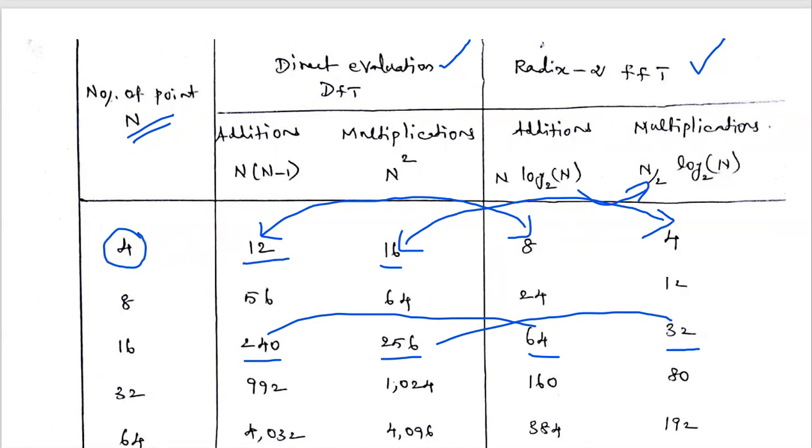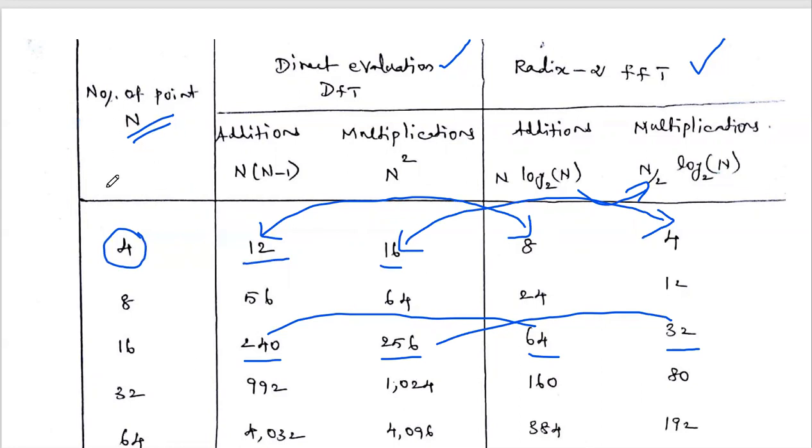Similarly, if it is a 32-point DFT, it's 992 additions, but here only 160. 1024 multiplications are required, but here only 80. Similarly, for a 64-point DFT, 4032 additions and 4096 multiplications, but here only 384 additions and 192 multiplications.